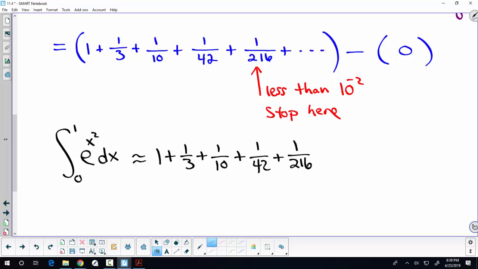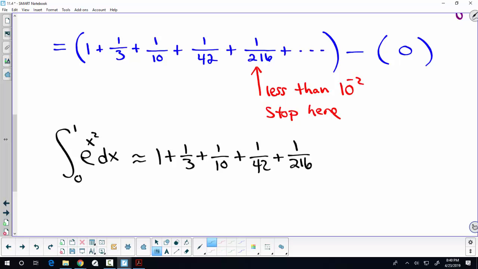Yeah, because it's less than this. If we stopped at 1 over 42, it's not less than the specified error. So we're affecting the decimal place before. The first term that's less than your error, right?